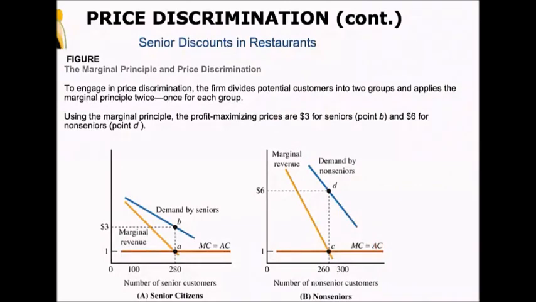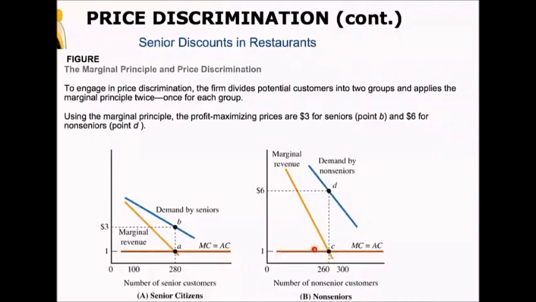Now, how does price discrimination work? Well, suppose you can separate the two types of consumers through some mechanism. And then you can be the monopolist and look at where marginal revenue crosses marginal cost and see what price should be charged for each consumer group.